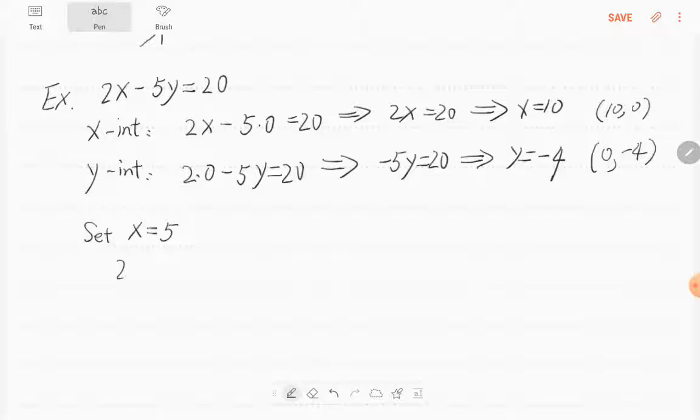So this would be 2 times 5 minus 5y equals 20, so 10 minus 5y equals 20.